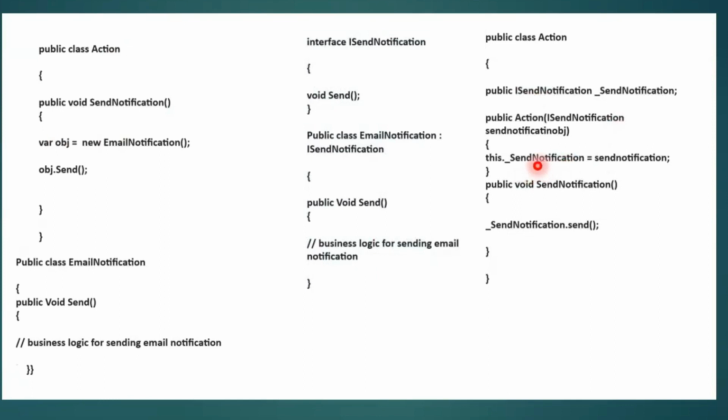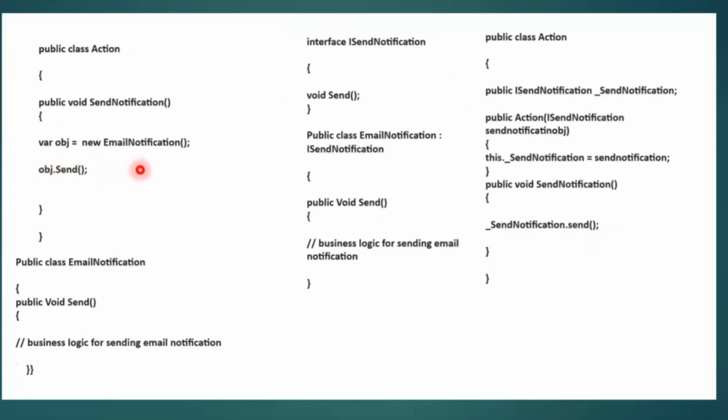So this is pointing to the sendNotification object, and this object is of our EmailNotification class, which is sent by using constructor injection. And in the SendNotification method, I am calling _sendNotification.Send. So here I have applied the inversion of control principle.